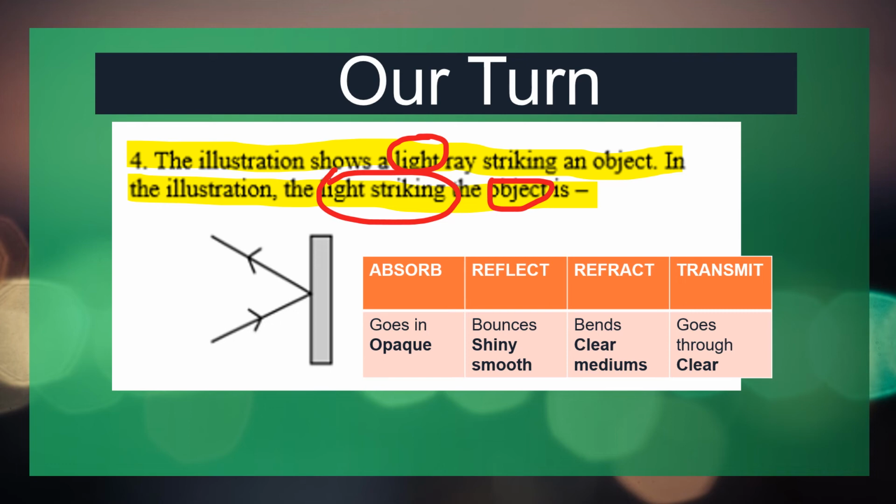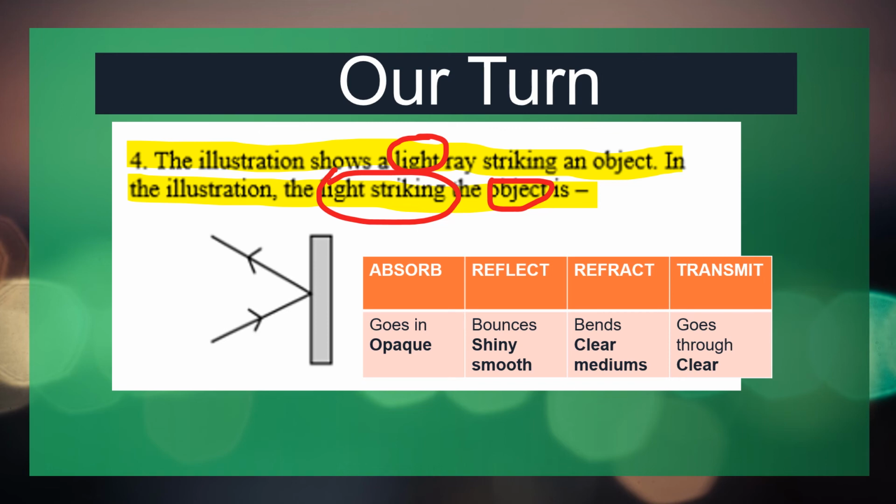So this could be my answer. Refract: is the light going through and bending? No, it is not bending. Is the light just going through? No, the light is not just going through. The light is reflecting, it's bouncing. The light striking the object is reflecting.